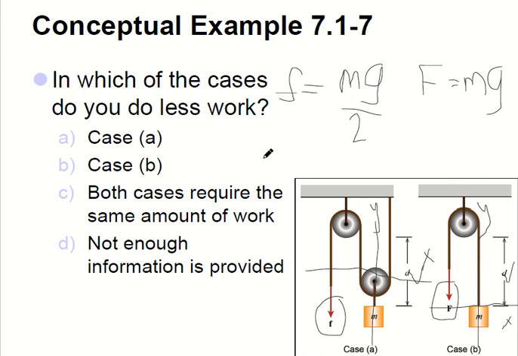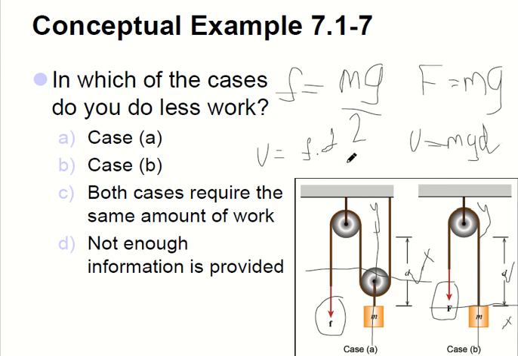So when you put that into work, and work is, as you know, force and distance, we are going to put that in, force and distance. If you put the force and the distance, you will get, for single pulley, mgd.